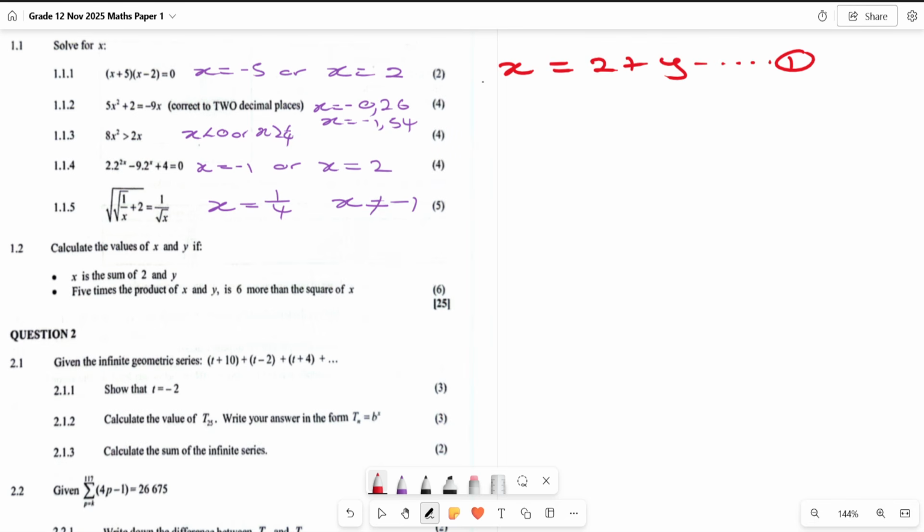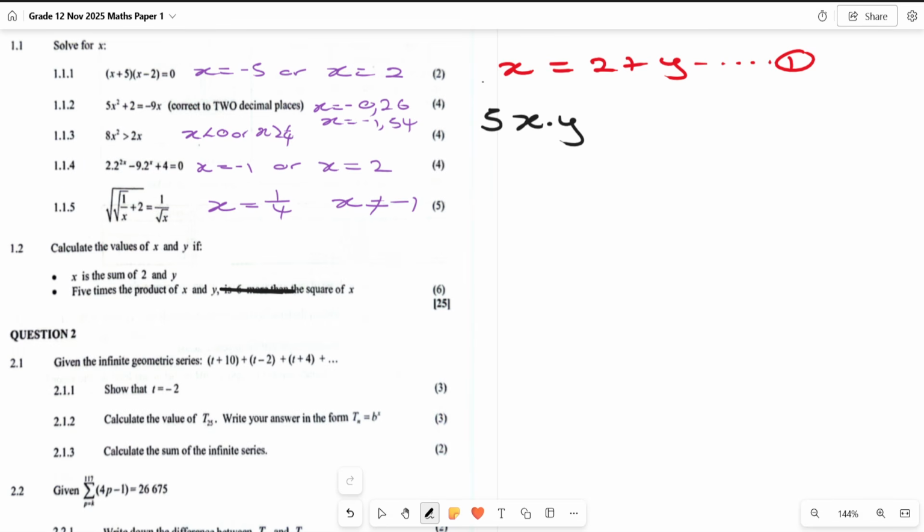Simple, isn't it? Now the next part, they say that 5 times the product of x and y. So naturally that means 5 times x times y. They are saying that 5 times the product of x and y, before the is 6 more, okay, wait, forget the 6 more than part for now.